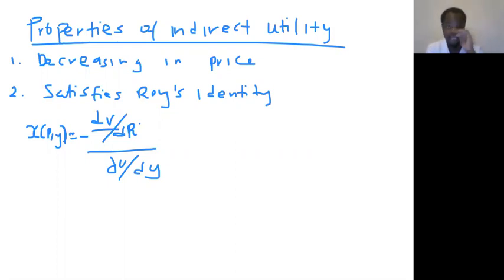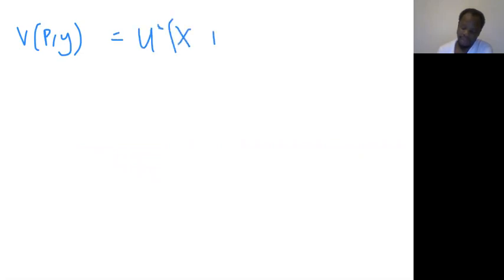So let's start again, and as we always do, we're going to use our algebra to explain it. We first said our indirect utility function is always the same as the utility with the optimal x, which is a function of p and y.